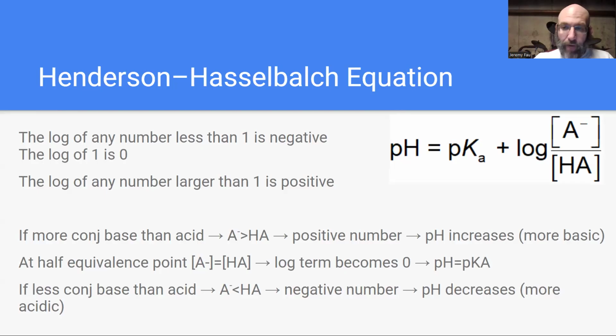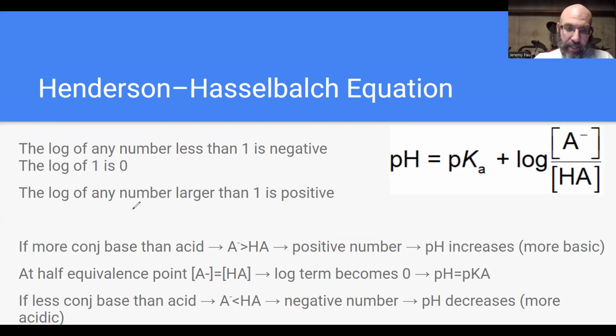Our ratio for this equation is our base over our acid. So if the base over the acid is greater than 1, then this back term goes up and the pH is greater than the pKa.